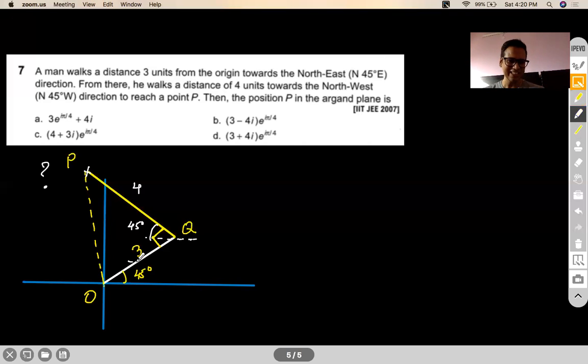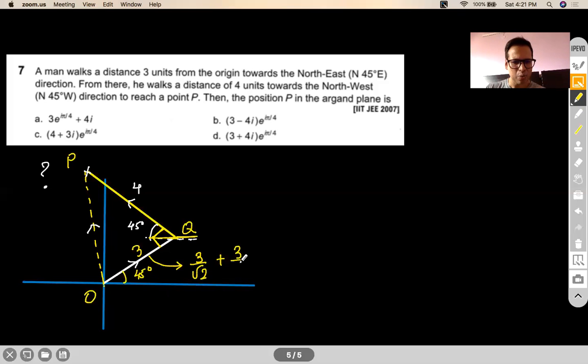So this plus this is what is your vector. Now, if you look at this vector from a vector point of view, this is nothing but 3 by root 2 plus 3 by root 2 i.